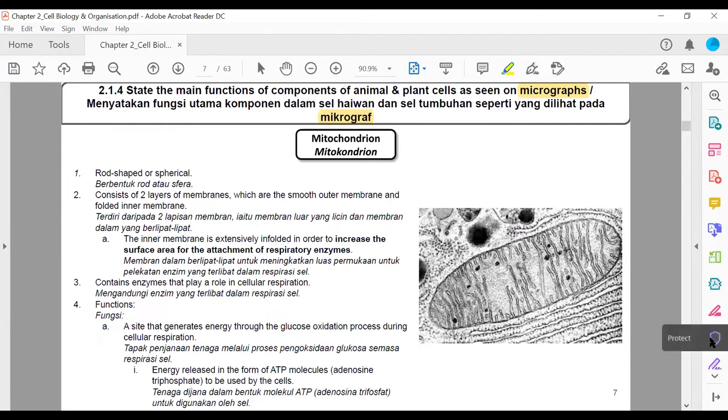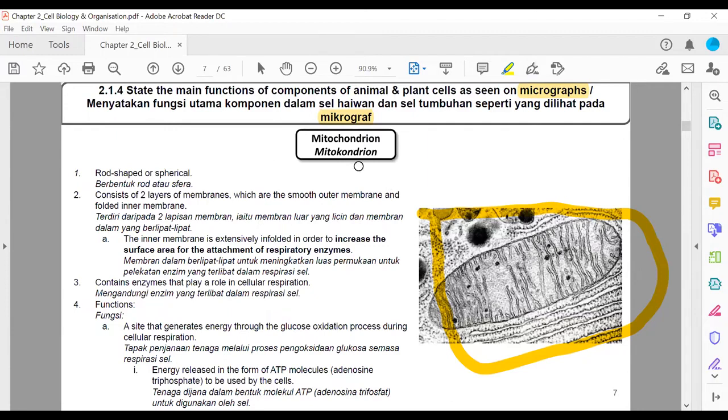So you make sure you know the micrograph very nicely. That means the moment you see this picture, kamu tahu, oh ini ialah mitochondria. So biasakan diri kamu dengan gambar-gambar micrograph ini, because sukatan sekarang menitik beratkan micrograph, bukannya gambar yang dilukis. No, alright.